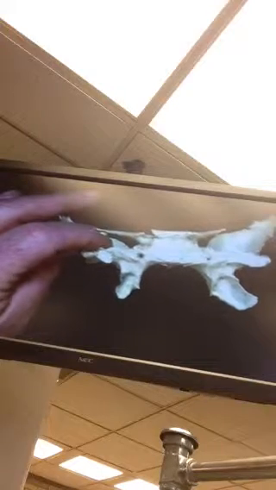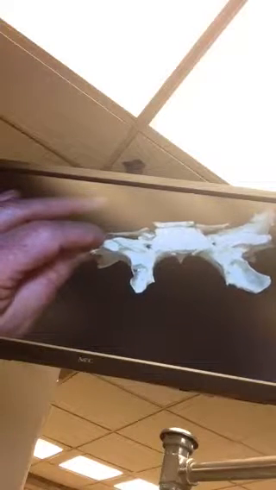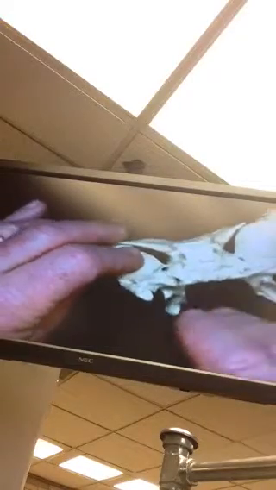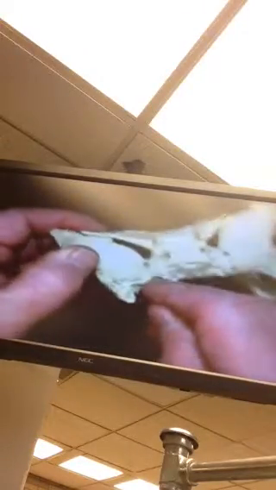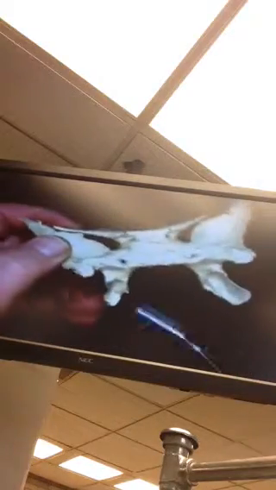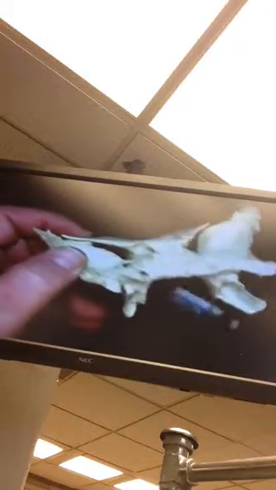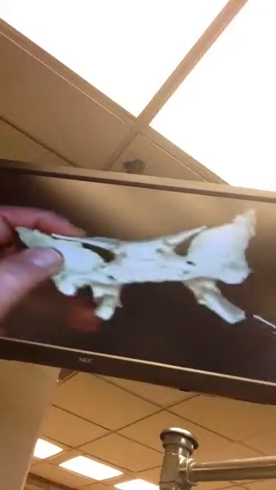But at the top of this, once again in the back, is the posterior extent of this pterygoid canal. So if we pass this pipe cleaner through, we can see that it goes through the front and the back of this pterygoid canal. We'll talk about this more when we get deeper into the head.